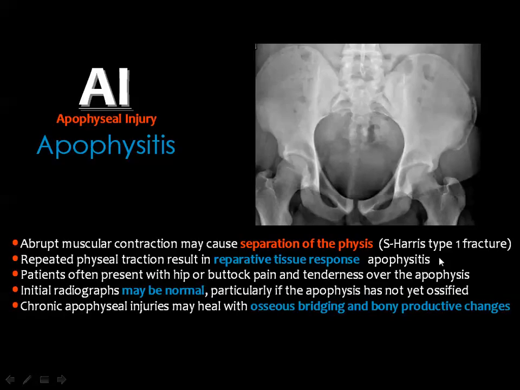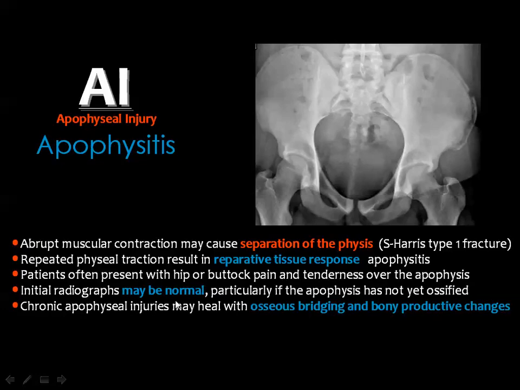Then after that, there is some tissue response which will result in formation of some periosteal reaction and an attempt at healing, and this is considered by some a sort of apophysitis, which is not an infection or an inflammation. It is just a reparative process trying to heal the separated physes.